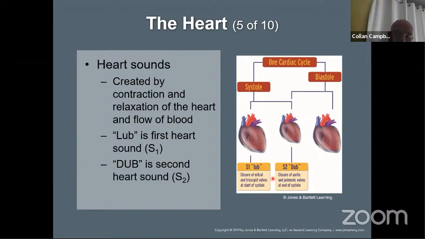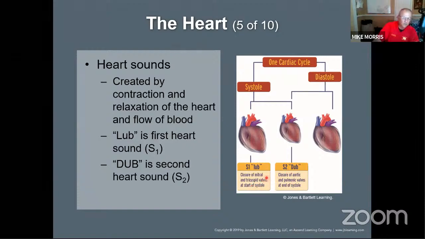So S1 is the closure of your tricuspid and your bicuspid valves at the start of the contraction. And S2 is the actual closure of the aortic and pulmonic valves at the end of the contraction.